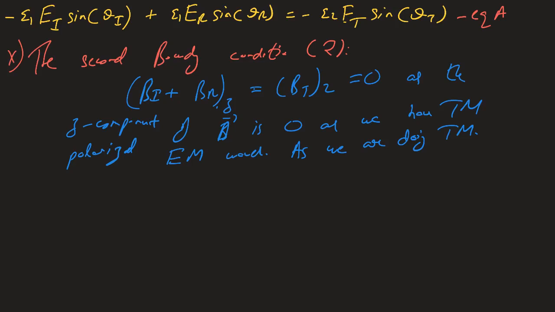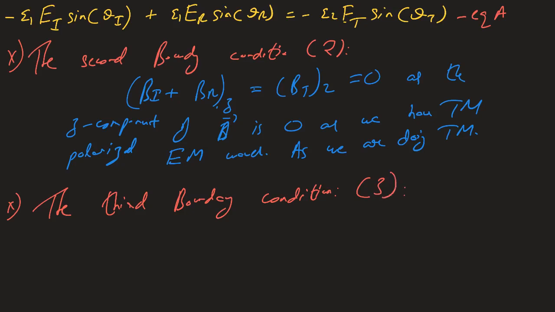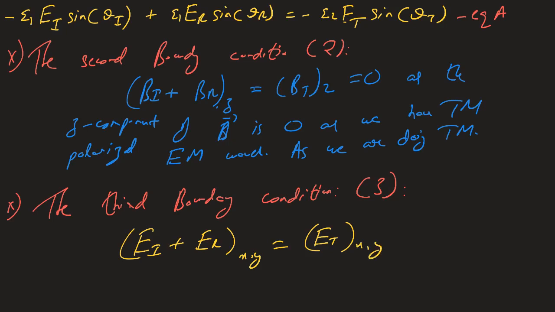Now, moving on then, the third boundary condition. What this basically gives us is that E_I plus E_R in the xy is equal to E transmitted in the xy.